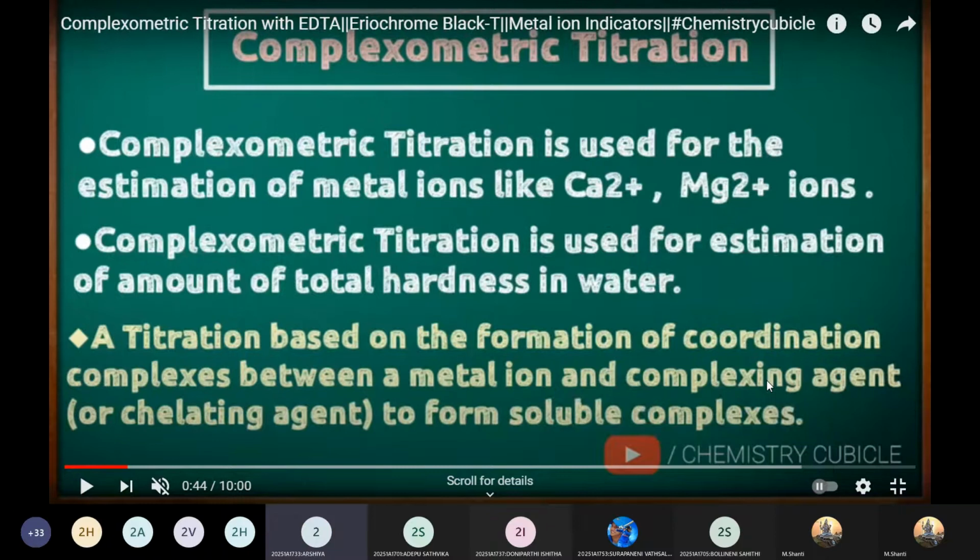Calcium and magnesium, ma'am. The metal ions are calcium and magnesium, but what is the complexing agent with which the metal is bonding? EDTA, ma'am. EDTA is a complexing agent, otherwise called a chelating agent, and it forms soluble complexes.